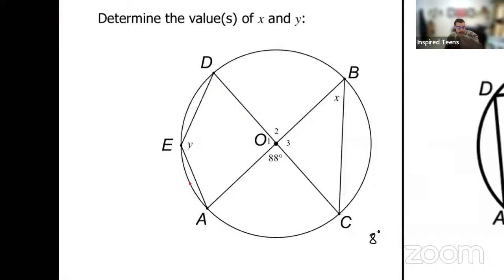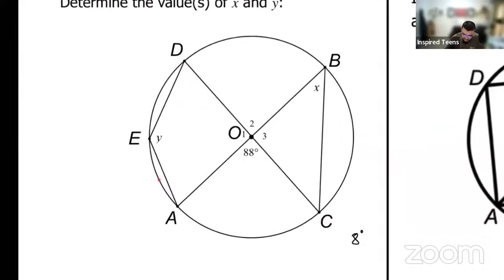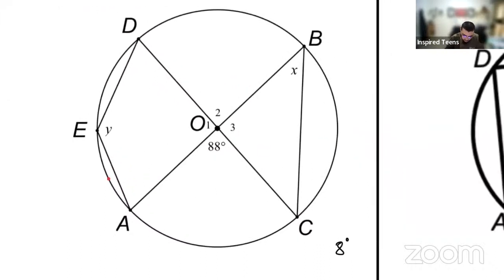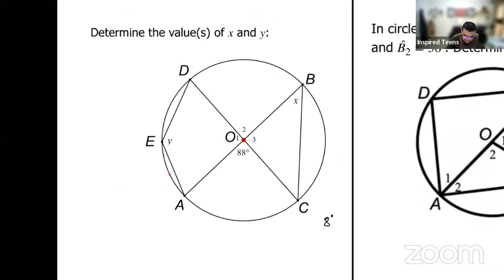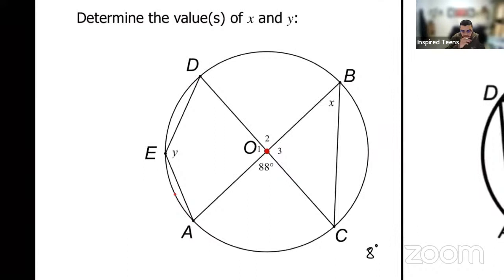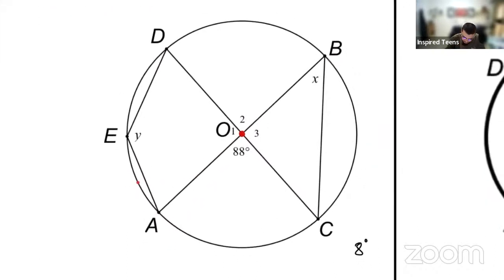Let's solve it, right? The first thing that I can see is the rule that we just learned, because we have a center here. It wasn't explicitly mentioned in the question, but it's fine. Because we have a center here, we have this, this, this, and this, all being radii.